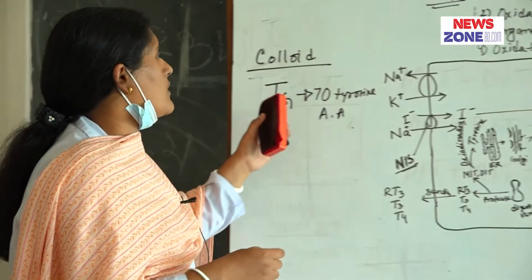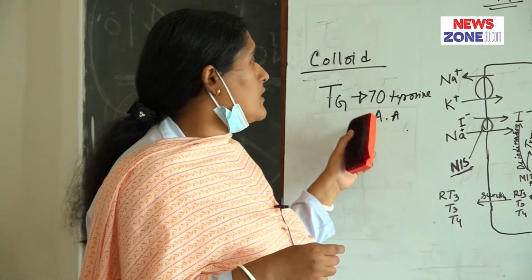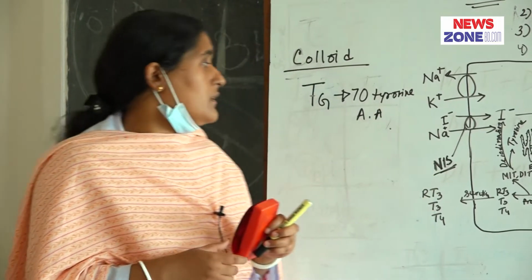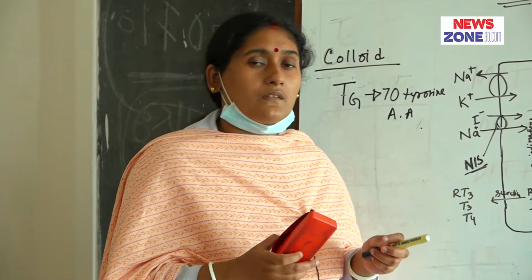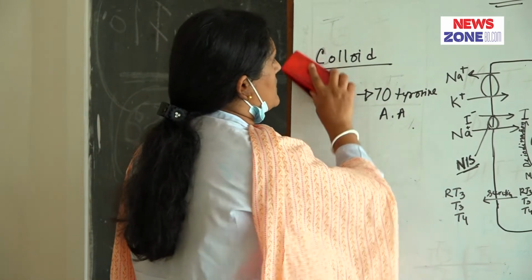So the colloid of the follicle contains thyroglobulin, which is composed of 17 tyrosine amino acids.